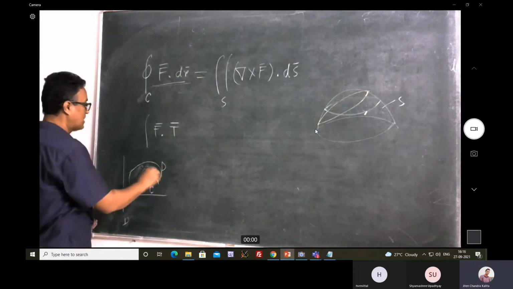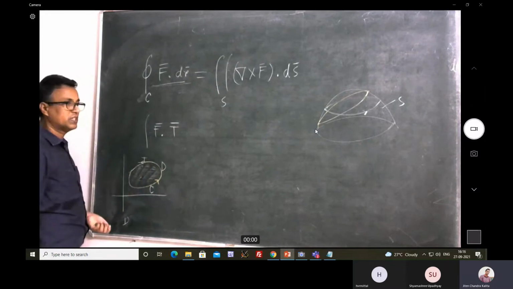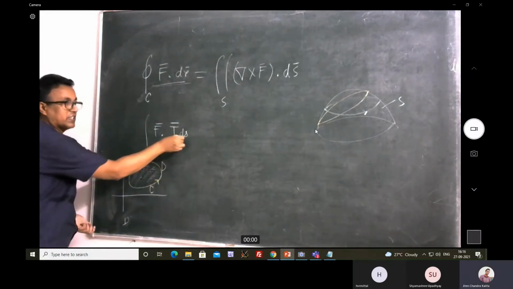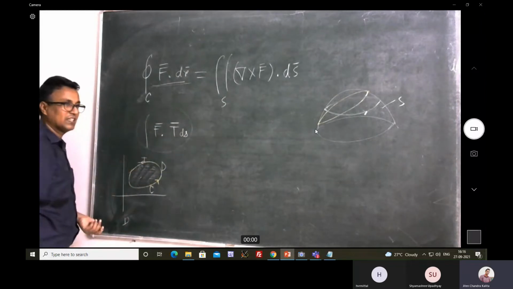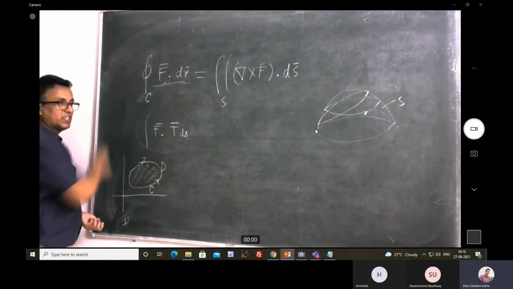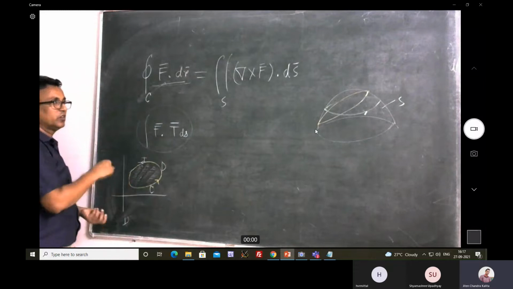And what we did, we considered a unit tangent, and then this ds was the arc length. This small ds is arc length. So this was along what? Tangent, right? Remember, this integral is to be evaluated along the tangential direction.